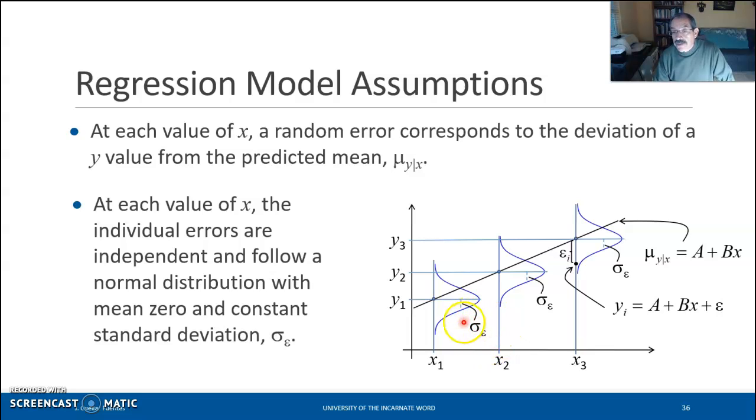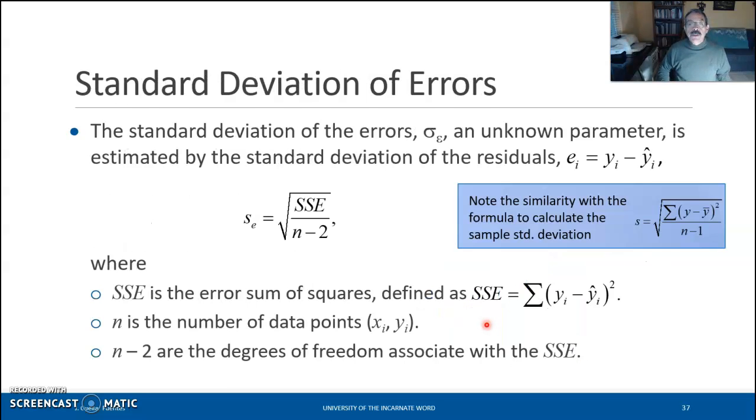This is going to be a very important quantity later on to construct confidence intervals and to test hypotheses about the coefficients in the model. So the standard deviation of the error, sigma epsilon, is unknown and is estimated by the standard deviation of the residuals. Because remember, the residuals, the e sub i's, are the estimates of the epsilons.